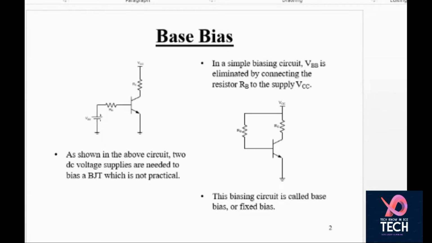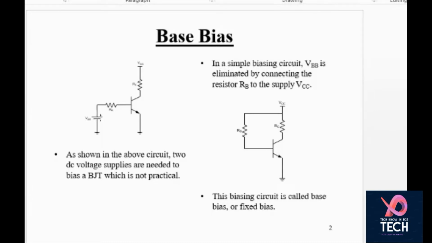And also, beta of the transistor is given to you, VCC is known to you, VBE is 0.7, then you can easily find the value of base resistance. Why is the base resistance chosen? So that you can get a fixed value of base current at the BJT.